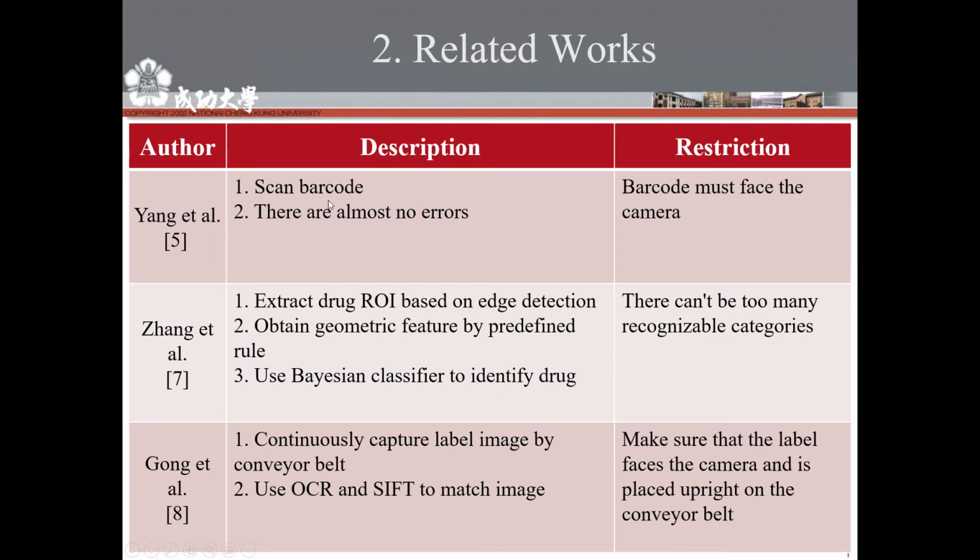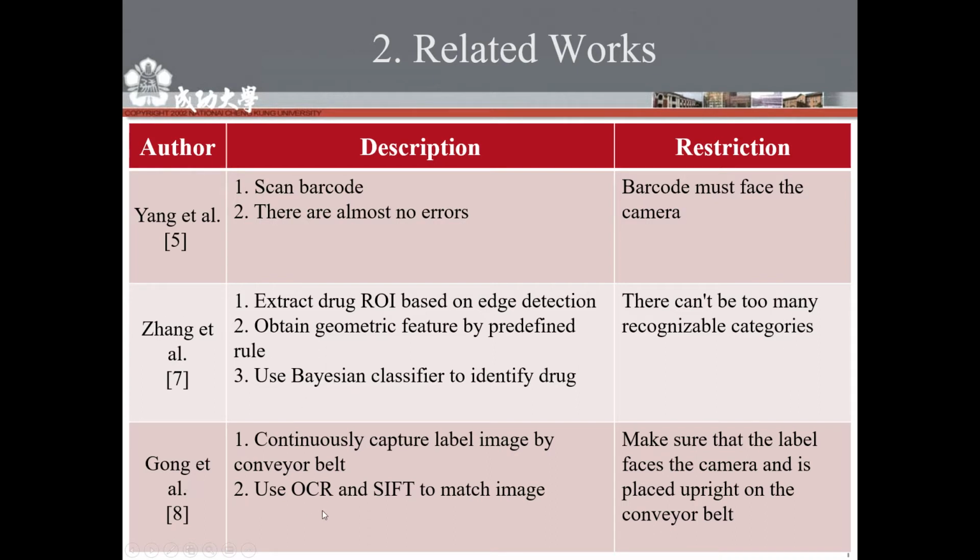Young scanned the barcode to identify drugs, and there are almost no errors, but the barcode must face the camera. John extracted the drug in ROI based on edge detection and used a classifier to identify the drug, but there cannot be many categories.